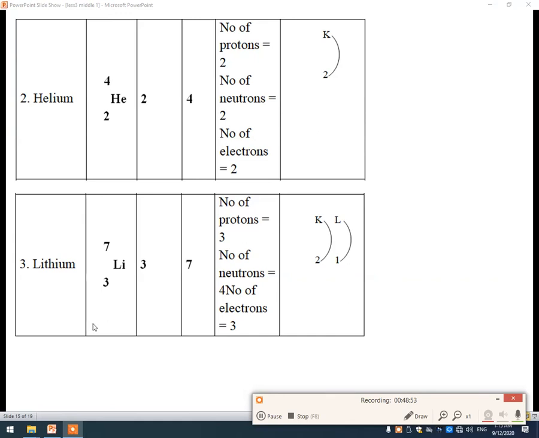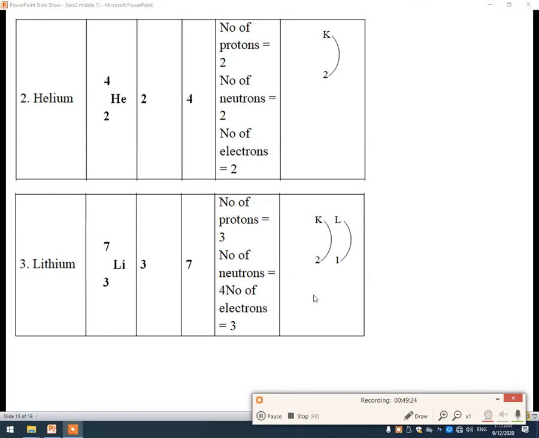Example number 3, lithium. Lithium 7, 3. The atomic number at the bottom is 3, the mass number is 7. So how many electrons do we have in lithium? We have 3 electrons. So how many energy levels do we need to distribute these electrons? Okay, let's draw step by step.